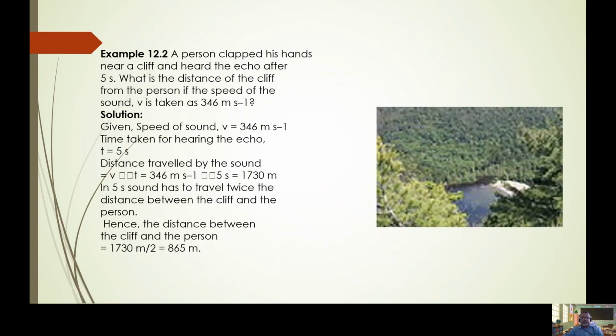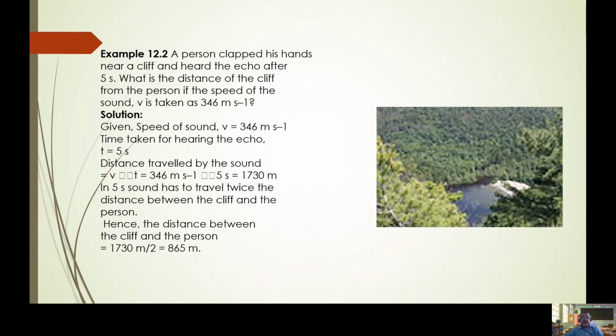This is another example. A person clapping his hands near a cliff hears the echo after 5 seconds. What is the distance of the cliff from the person if the speed of sound is taken as 346 meters per second? Here it is very clear that the sound is traveling at a certain speed, and all you need to do is calculate the distance traveled by the sound, from which you can measure the distance.